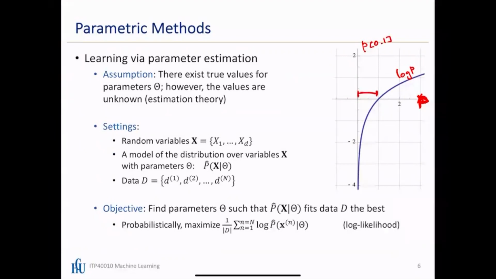The outcome of log probability is somewhere between here and actually never ending, so it is ranging between negative infinity and 0. So the original probability space between 0 and 1, we are transforming our playground from 0 and 1 to negative infinity to 0. So, this is what is going on.